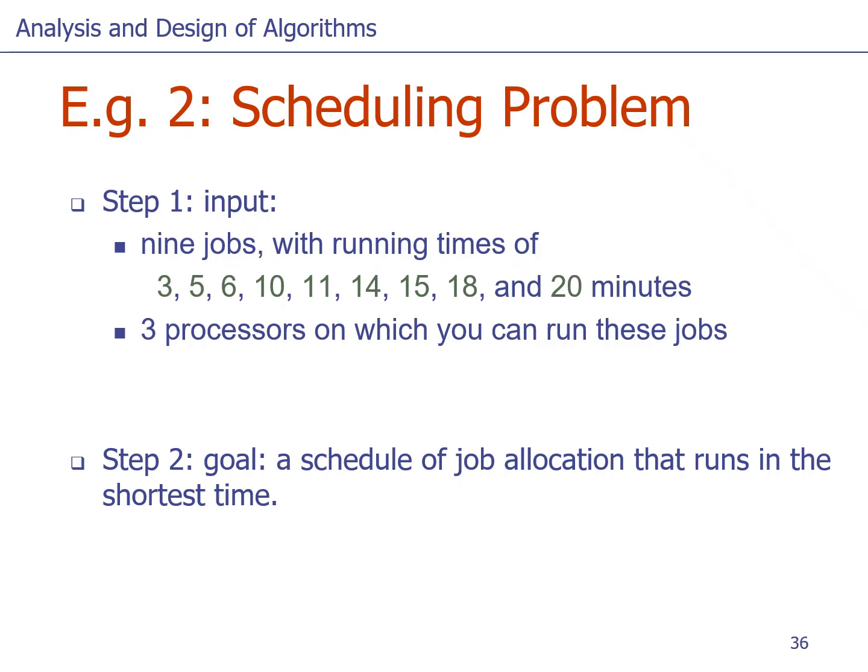If you have lots of tasks and you'd like to finish as fast as possible, every task is taking a different amount of time, and you have 3 processors or 3 machines that you could use. The question is, which order of admission should I allow for these different jobs so that I can finish as fast as possible?